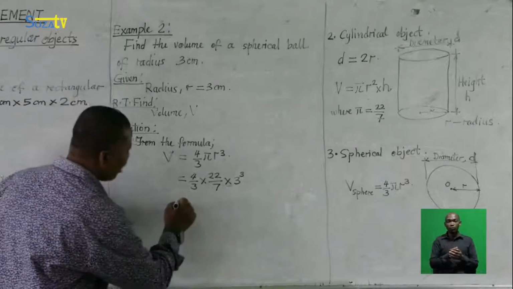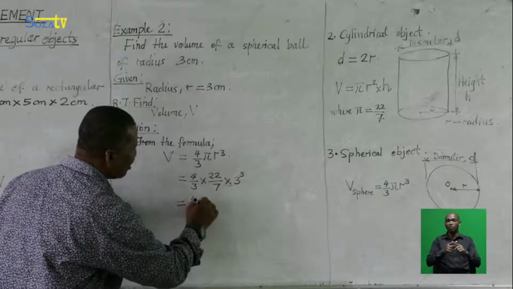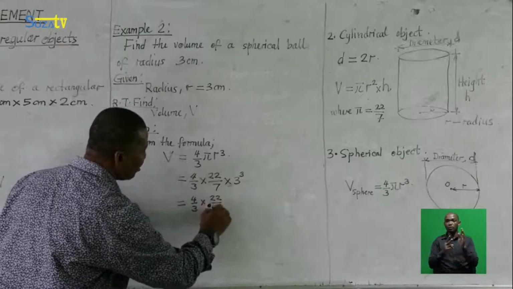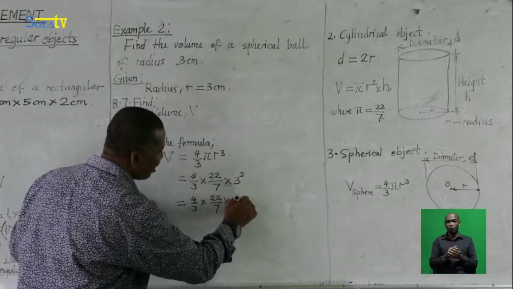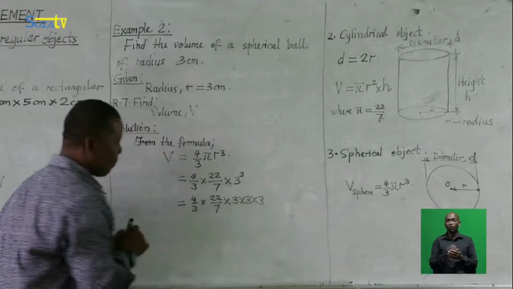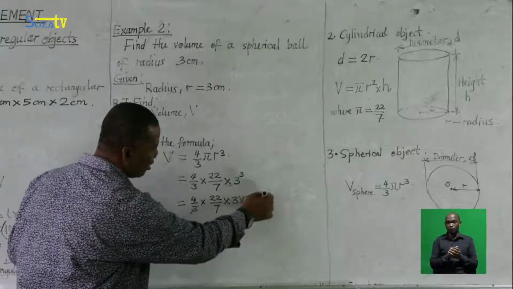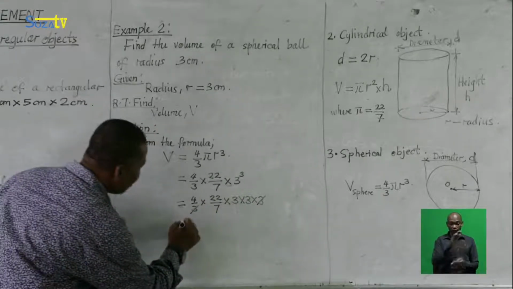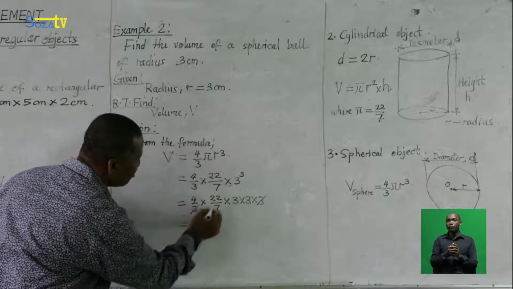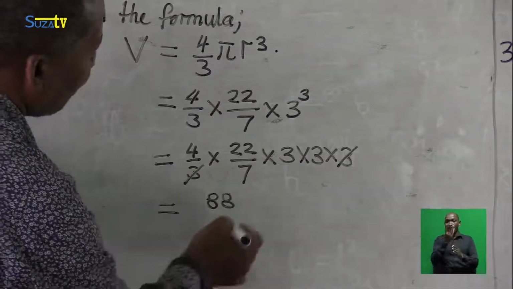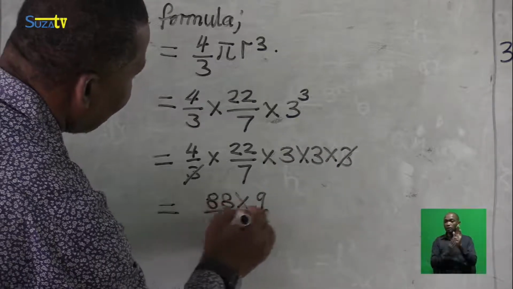After that, upon simplification, we have 4/3 times 22/7 times 3 cube, which is 3 times 3 times 3. Then these 3 and these 3 cancel out. Remaining 4 times 2 is 8, 4 times 2 also is 8, then times 3 times 3 is 9/7.